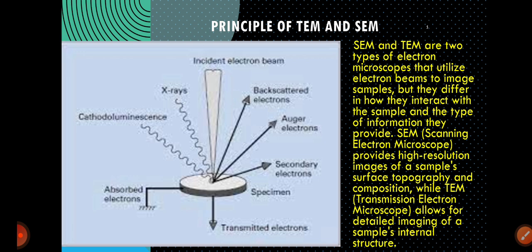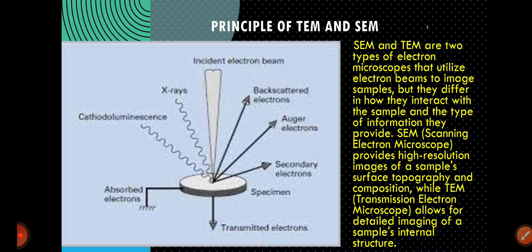So backscattered electrons: whenever the incident beam is incident on a specimen, the incident electrons undergo scattering back from that specimen.